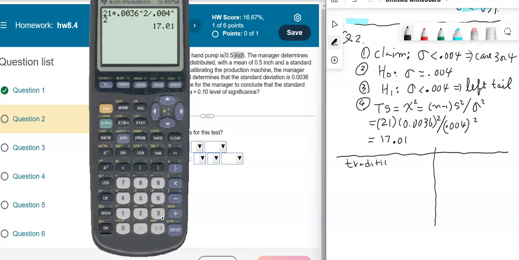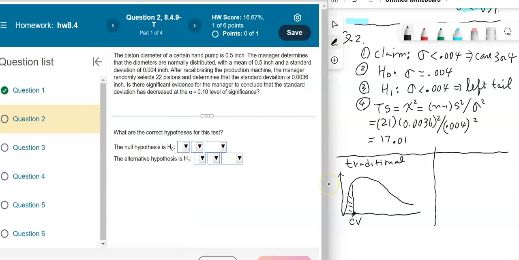Now, if I do the traditional method, what that means is we have a critical value. It's a left tail test, so on this side is the critical value. This area alpha is 0.10.